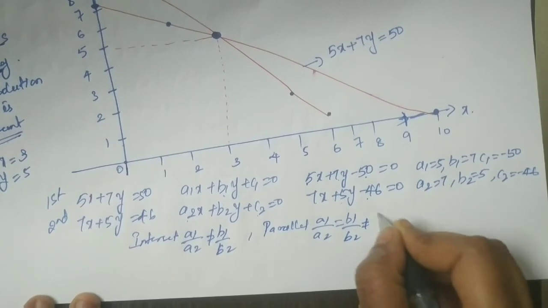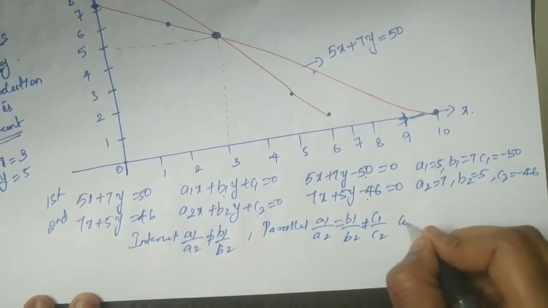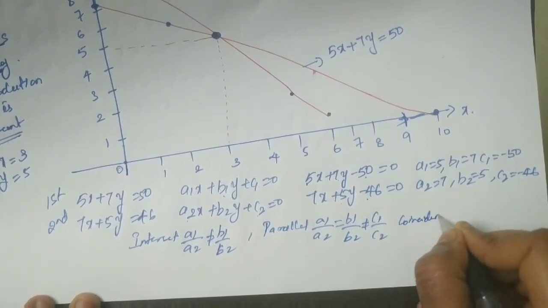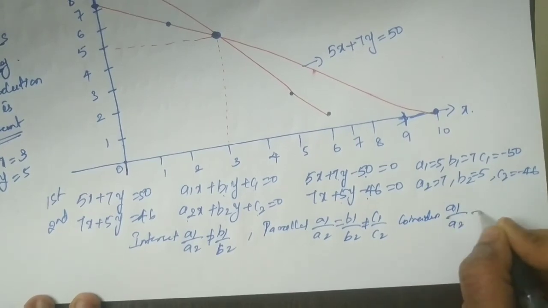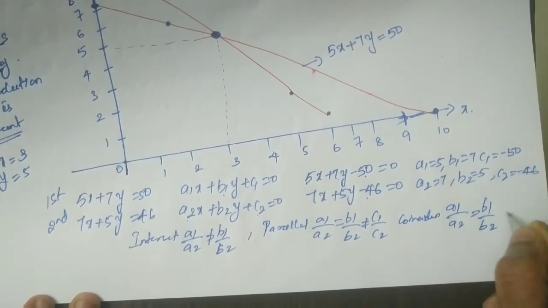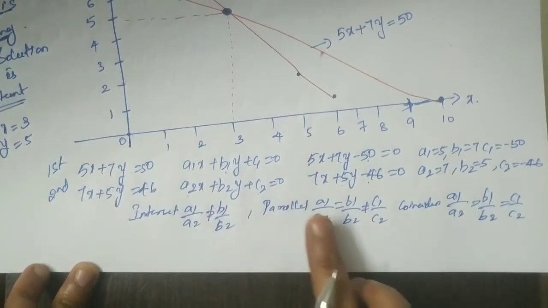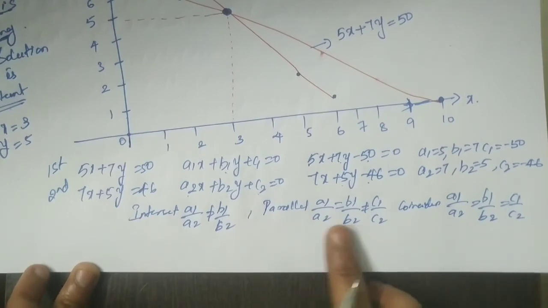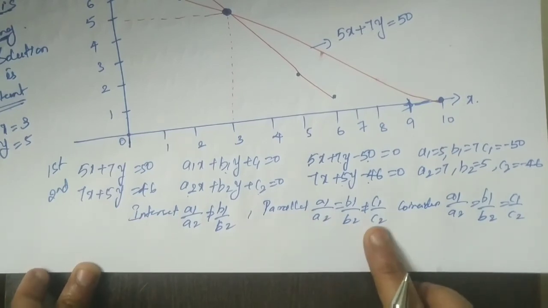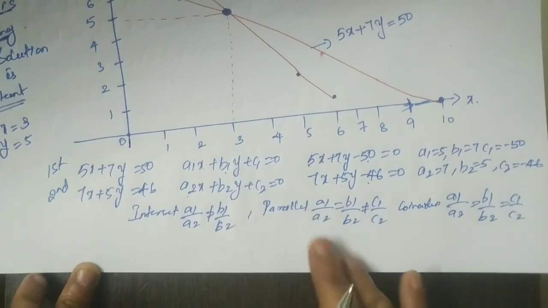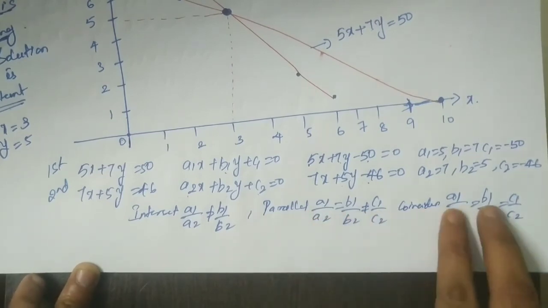If this is also not satisfied, go for the last one, coincident: A1 by A2 is equal to B1 by B2, that is also equal to C1 by C2. Now we have all the values. Kindly substitute all the values. Make sure if the first is not satisfied, please go for the second one. In second and third, you can clearly see the first two conditions are the same. Only the third condition you should carefully check.